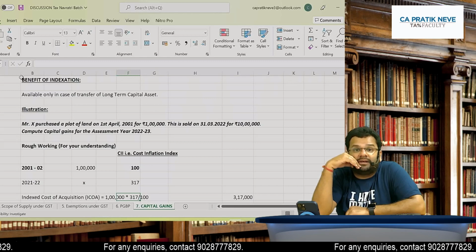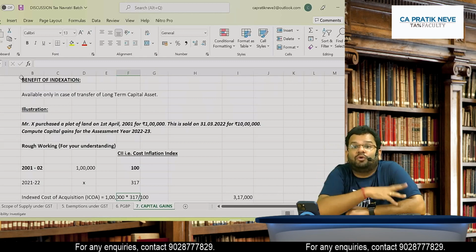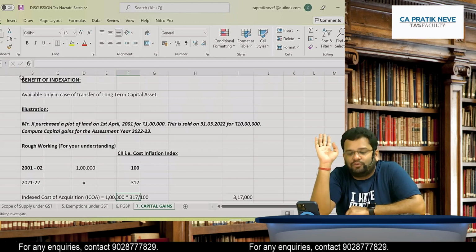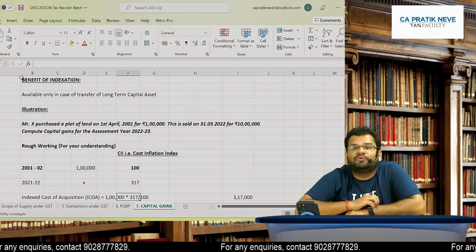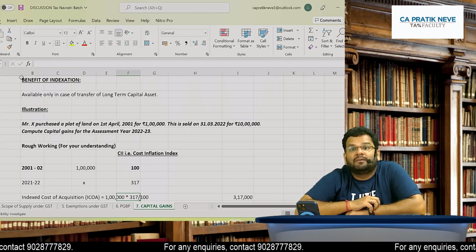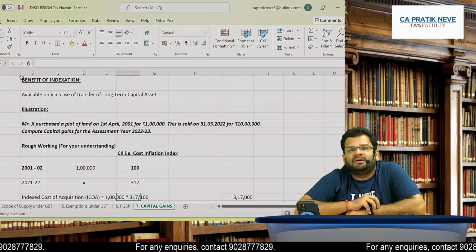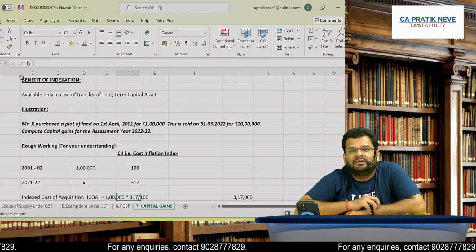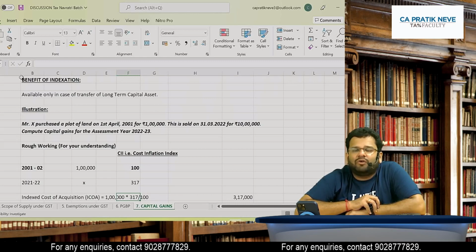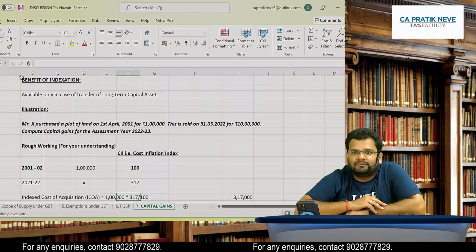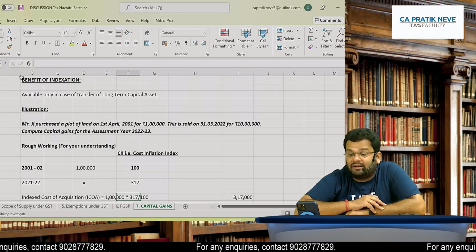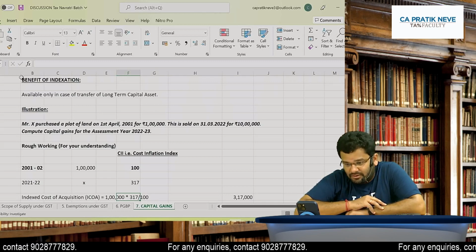So actually the difference is 24, but gain is not 24. Why is the gain not 24 lakhs? Because in 2001 petrol probably was 30 rupees per liter, but today petrol is 110 per liter. So the quality of petrol has not improved. It's only that the purchasing power of money has gone down, right? There has been inflation.